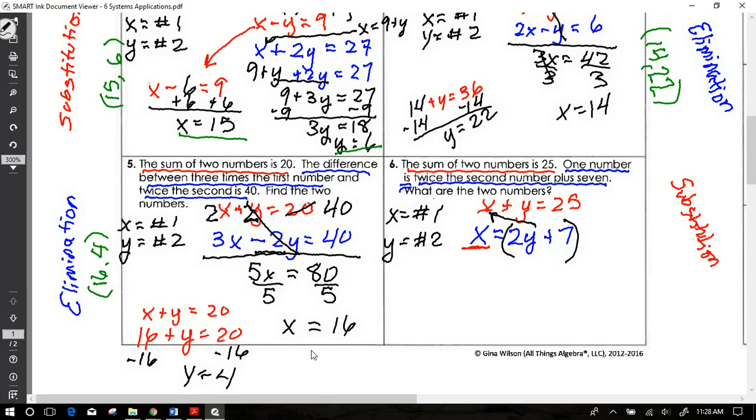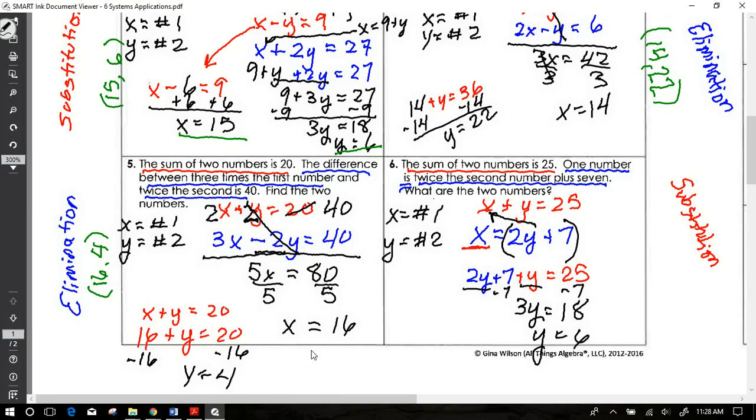So I have now 2y plus 7 plus y equals 25. And now I'm ready to solve this equation for the y variable. 2y and 1y is 3y. Let's subtract the 7 from both sides. And 25 minus 7 is 18. And 18 divided by 3 is 6.